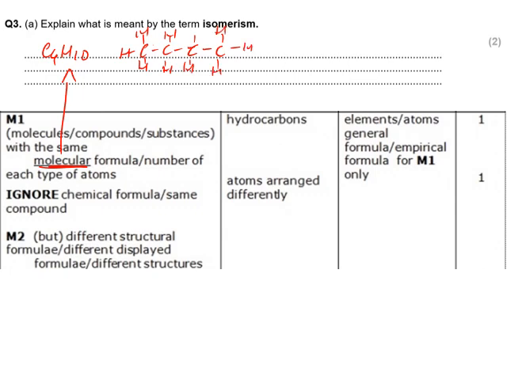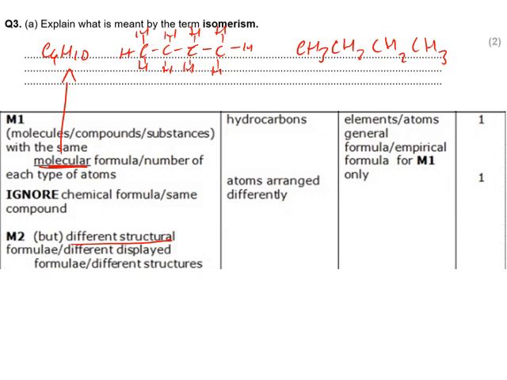You will lose a mark sometimes if you don't put your hydrogens, so I would recommend putting them in. The same molecular formula, but different structural formula. Let's do the structural formula here: CH3, CH2, CH2, and then a CH3 at the end. So that's your structural formula.